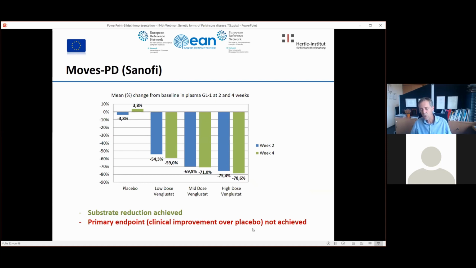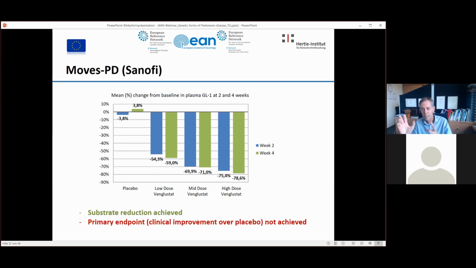So while this concept is still, and I think still should be considered interesting and promising, so far it failed, possibly because the effect of substrate reduction was not strong enough in the CNS. This is measured in the serum. There, the substrate reduction was very strong, but in the CSF, it may not have been sufficient.